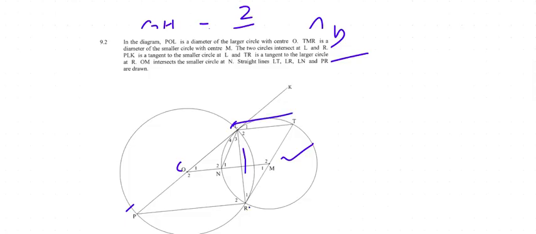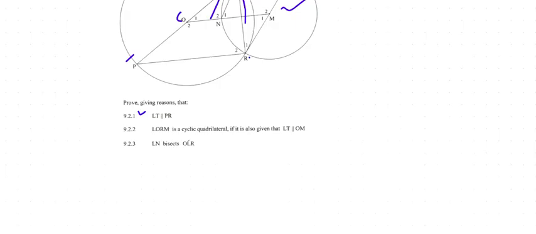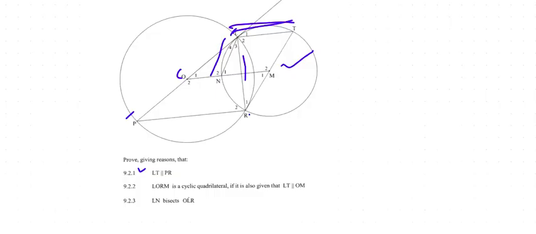The first question is to prove, giving reasons, 9.2.1, that LT is parallel to PR. We have to prove this with reason.